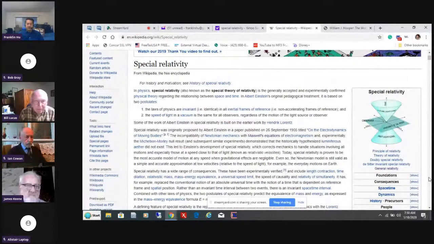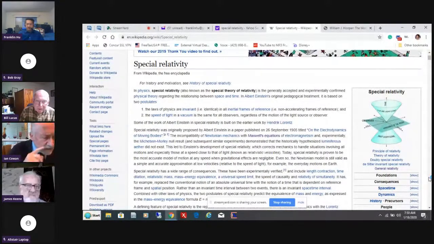Well, I've always disagreed with these two postulates, because if you read the actual original paper, in no way, shape, or form are they saying that the speed of light is the same for all observers, regardless of the motion of light source or observer. That's just not what Einstein said. Yes, he only says that it's independent of the motion of the source.